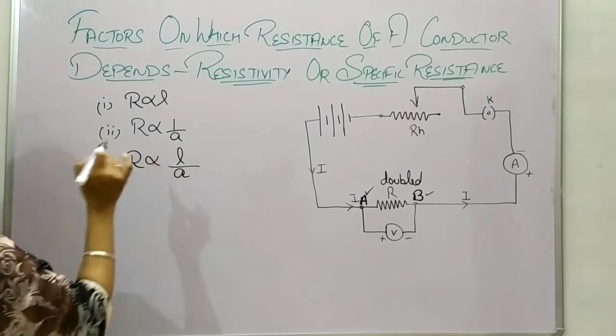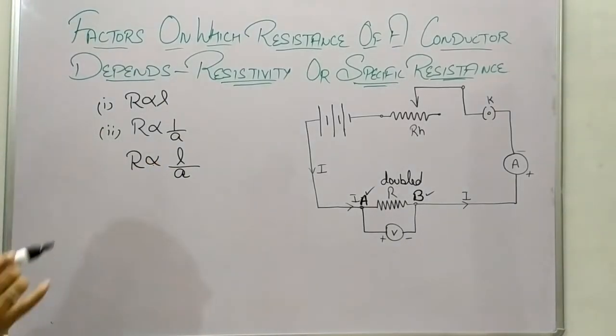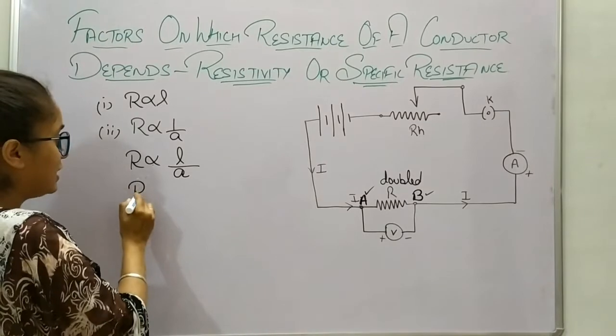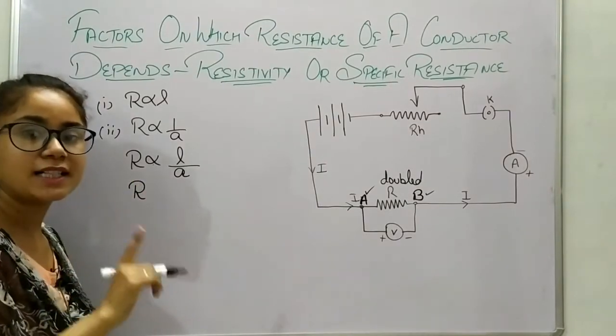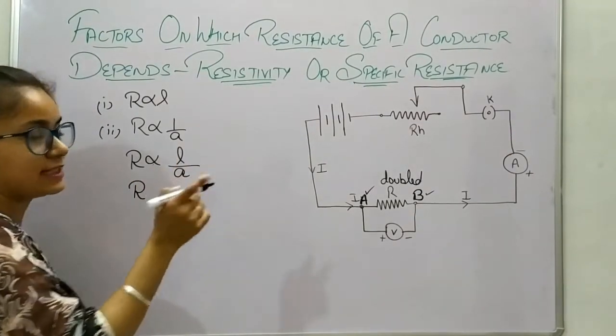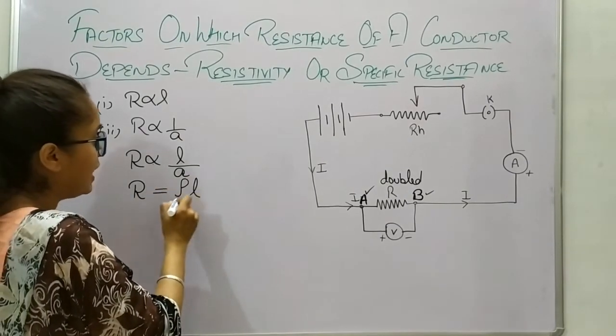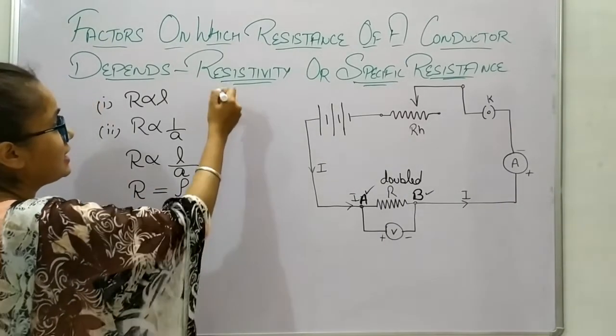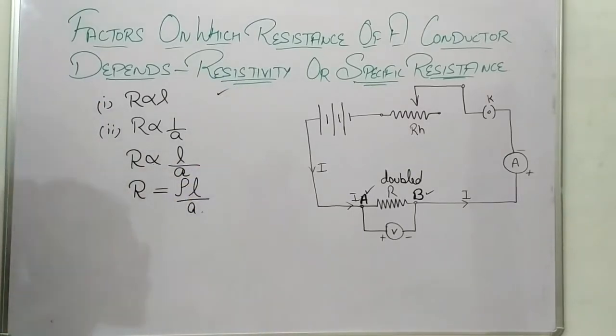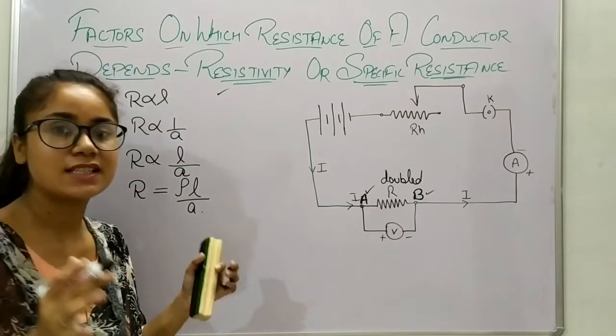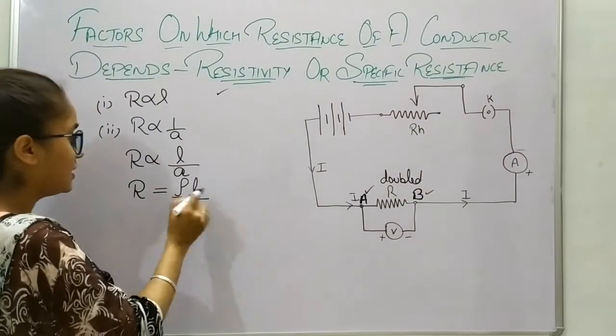And when we remove this sign of proportionality and put a sign of equality, then there would also be a constant of proportionality, and that constant of proportionality, my dear students, is the resistivity, or you can say the specific resistance of a conductor.